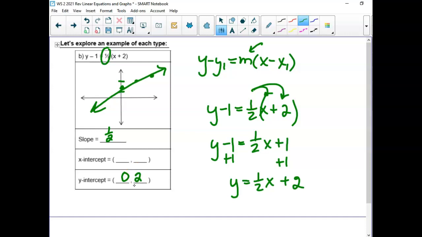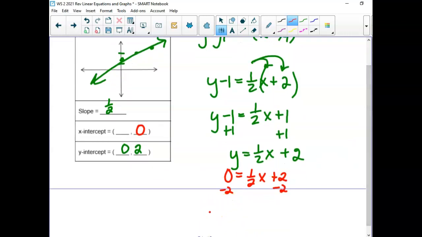How do we find the x-intercept again? We put y equals 0 in. And we could have done that anywhere along the way. If we did it down here, we'd have, now someone's going to say that's -1.